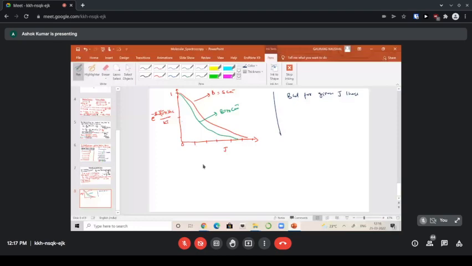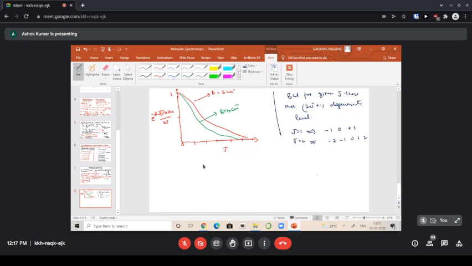For example, if I take J equal to 1, then the degeneracy of that level will be minus 1, 0, plus 1. Similarly, for J equal to 2, it will be minus 2, minus 1, 0, 1, 2, that is 5 values. Similarly for J equal to 3.